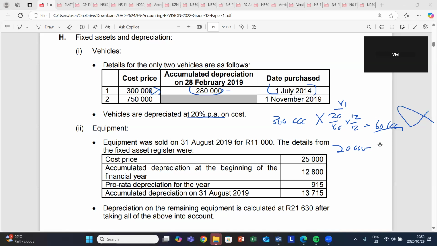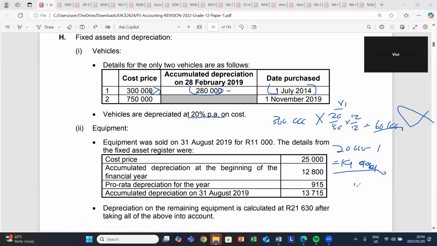That 20,000 rand we will just minus 1 rand, and then we'll get the depreciation for vehicle 1, which is 19,999 rand.